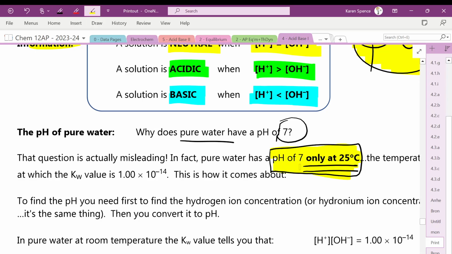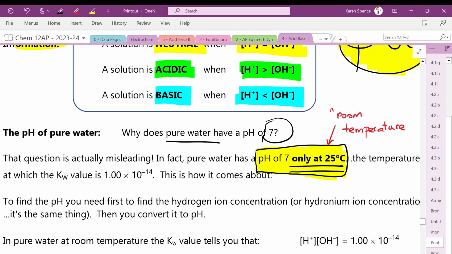Okay, room temperature. And this is the temperature at which Kw is equal to 1.0 times 10 to the negative 14.